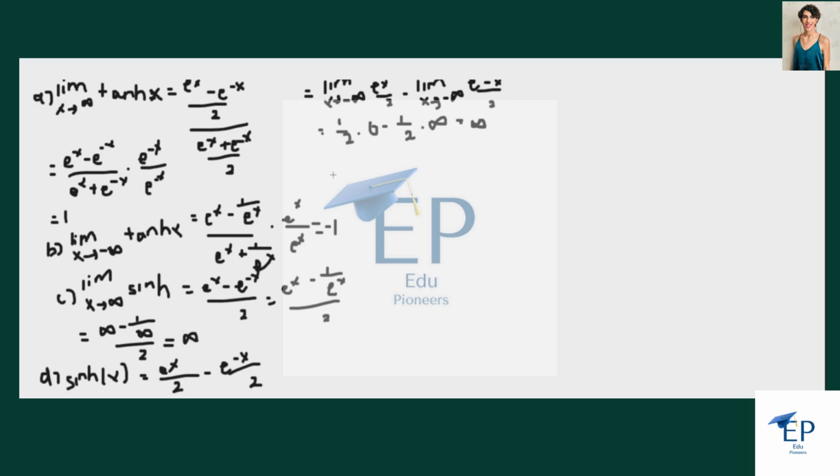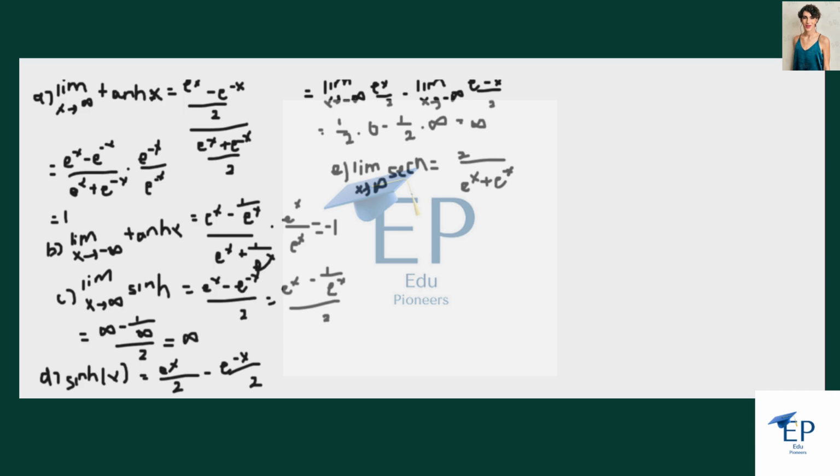For part E, we're going to do the limit as x approaches infinity for the hyperbolic function of secant, which is equal to 2 over e to the x plus e to the negative x.